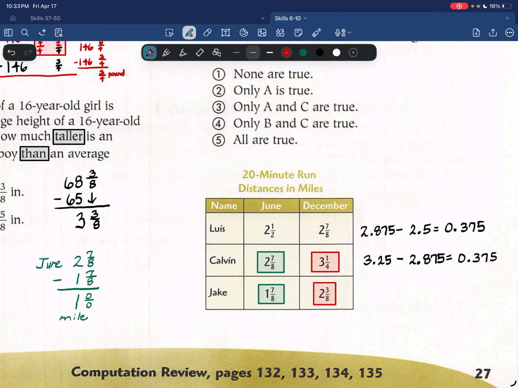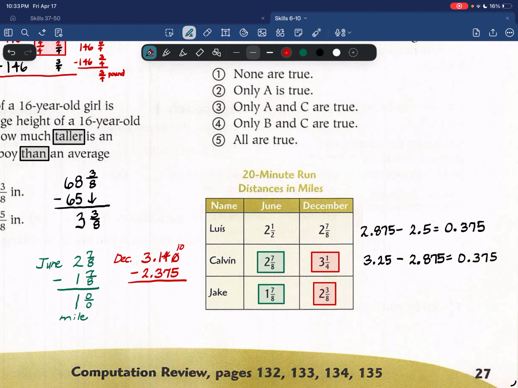And then in December, we do the same thing. We have 3 1/4. I am going to use decimals here. Minus 2 3/8. You can use the calculator and fractions.